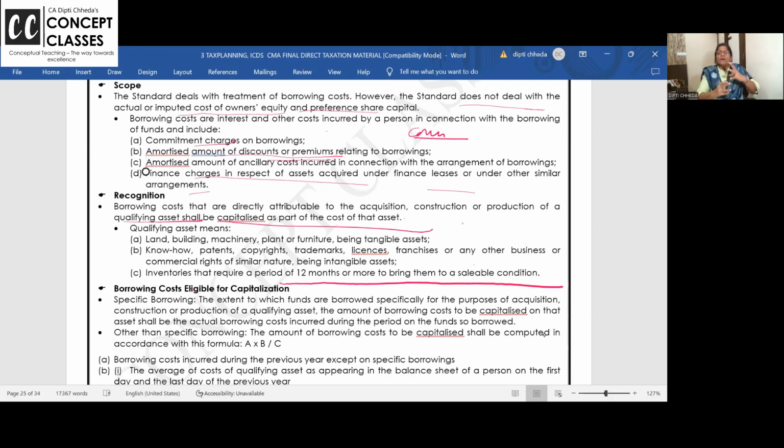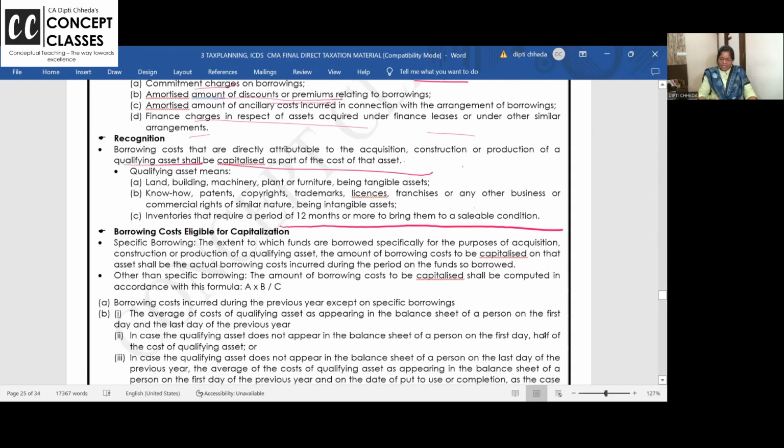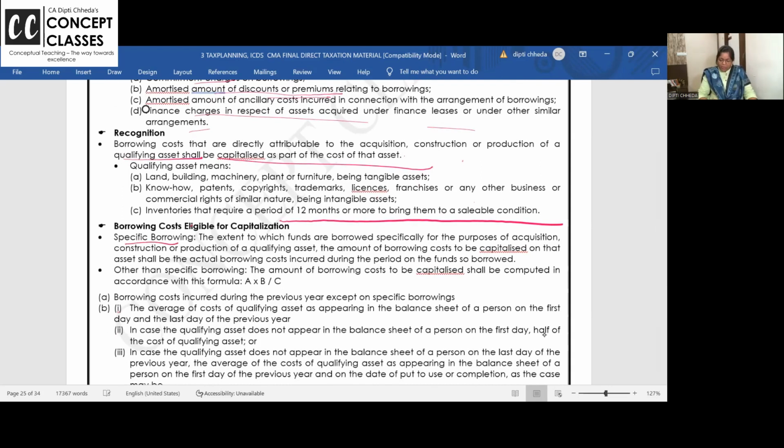We are making a patent, a formula, doing some innovation, so for that innovation research activity is going on for 12 months, 15 months. In making the patent, whatever interest cost we have incurred, can we capitalize it in the cost of the patent? Answer is yes.